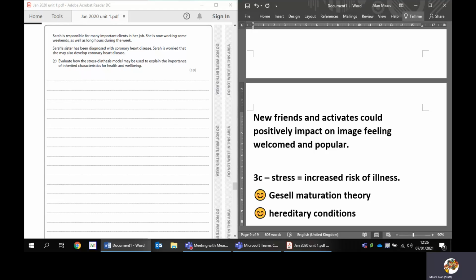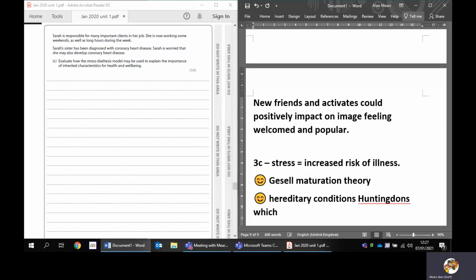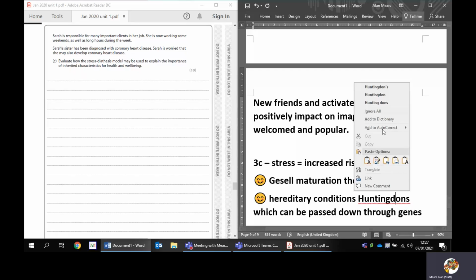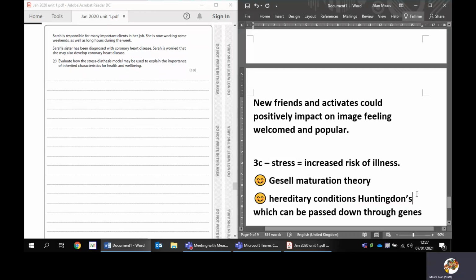So like the previous question we could talk about Huntington's, which can be passed down genes. Again, not always. You may carry the genetic predisposition, but not necessarily contract it. So again, there will be arguments that we could use to support it.